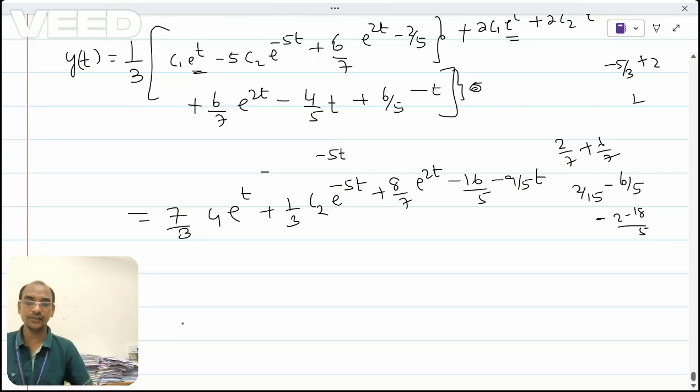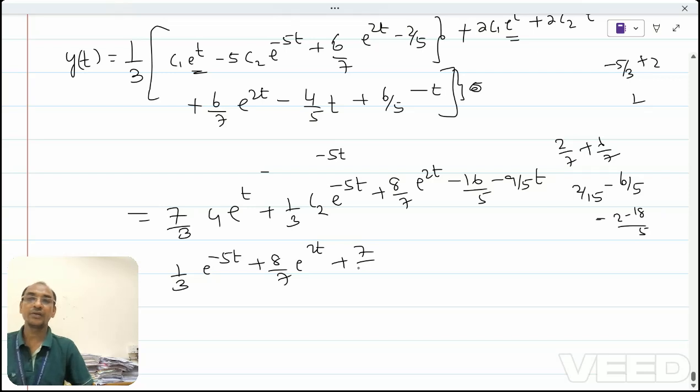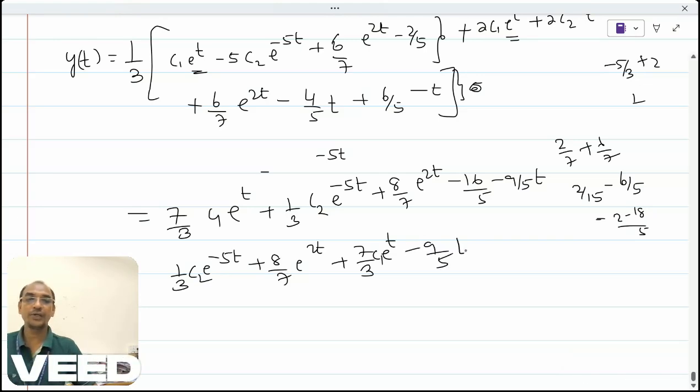So y of t will be 1 by 3 e to the power minus 5t plus 8 by 7 e to the power 2t plus 7 by 3 e to the power t c1 and this is c2, and then next one will be minus 9 by 5 t and minus 16 by 5.